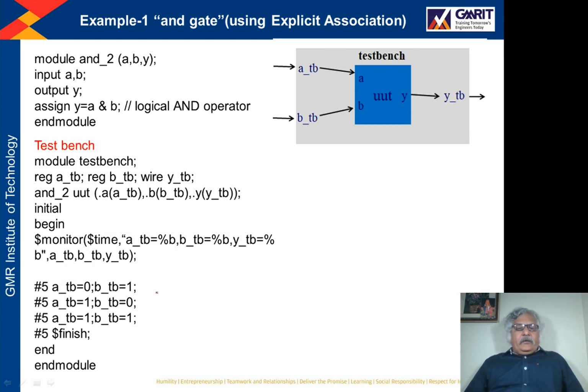Now after this you see this statement. Here I have written #5 a underscore tv is equal to 0, b underscore tv is equal to 1, semicolon. This means the value 0 should be assigned to a underscore tv, and the value 1 should be assigned to b underscore tv.